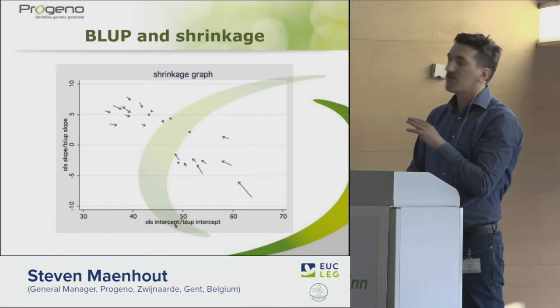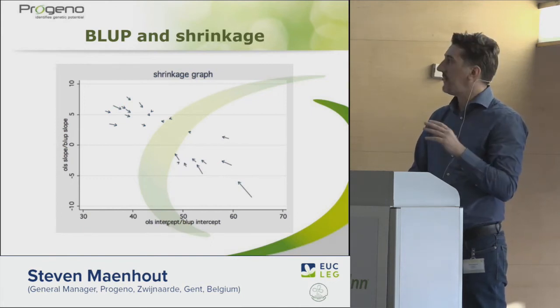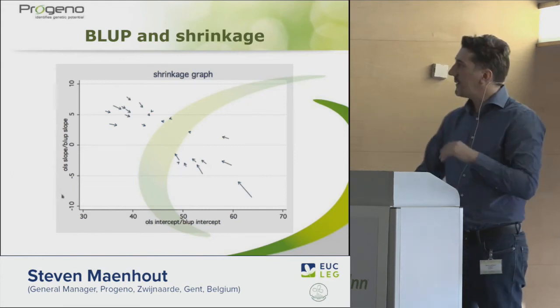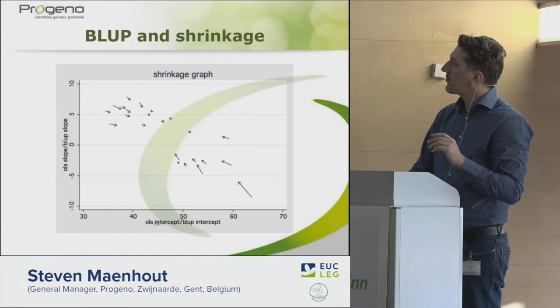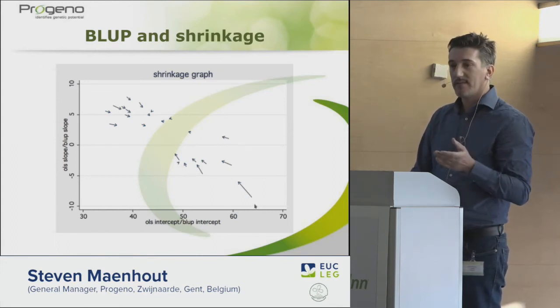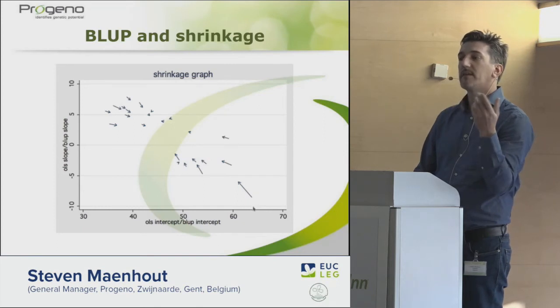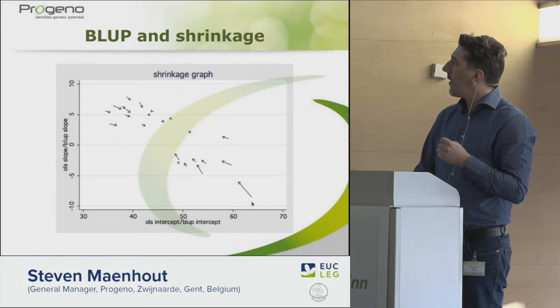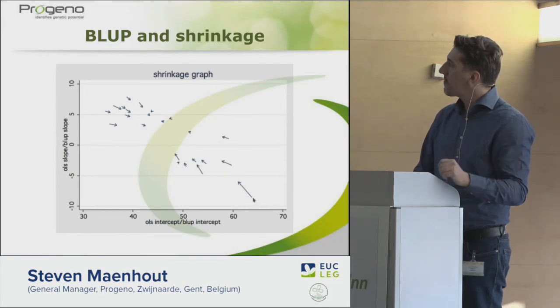Imagine that these are just two traits. So let's say yield and earliness. Doesn't matter. And here you graph the BLUPs versus the least square estimates. So least square estimates basically say the mean value, as if you put them in the fixed effect. Now, each arrow is an individual.